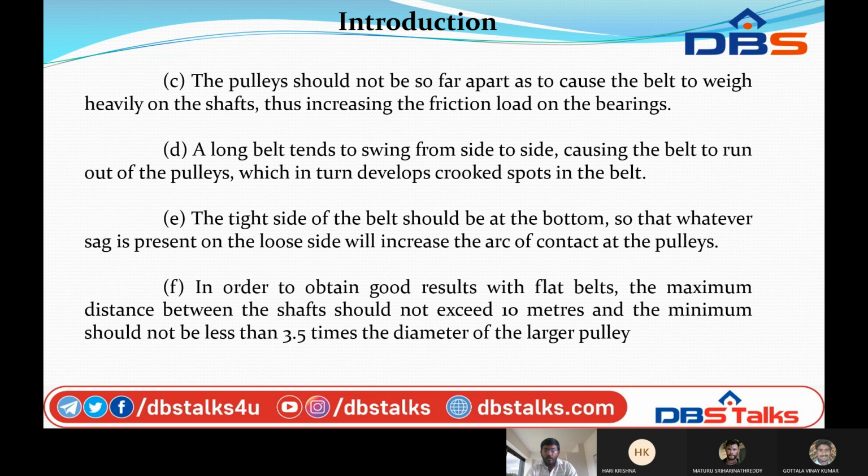In order to obtain good results with flat belts, the maximum distance between the shafts should not exceed 10 meters and the minimum should not be less than 3.5 times the diameter of the large pulley.